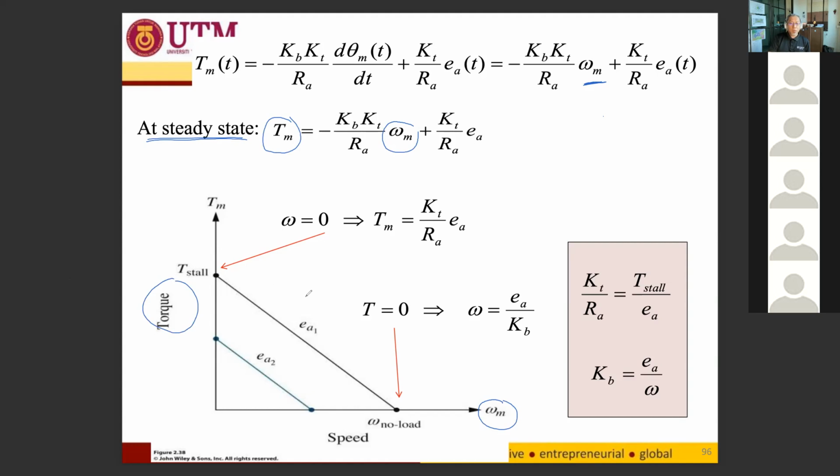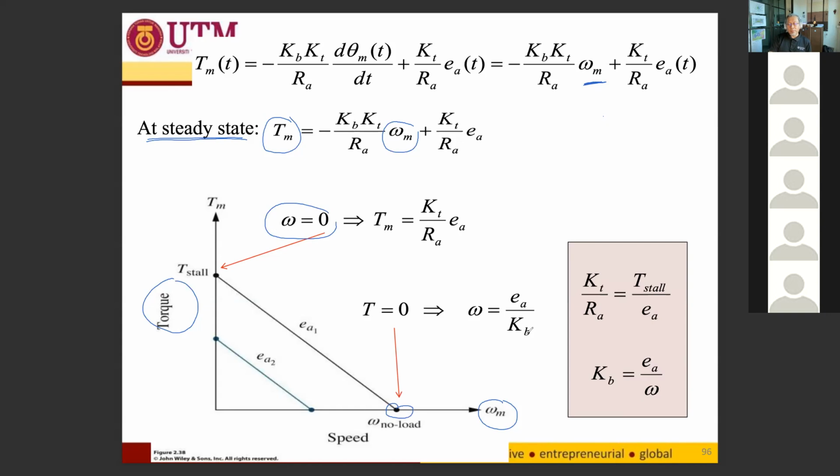You can plot it as Ea1 and Ea2, where at this point the speed is 0, Tm is equal to Kt over Ra multiplied by Ea, and at this point at no load, T is equal to 0, so omega is equal to Ea over Kb.